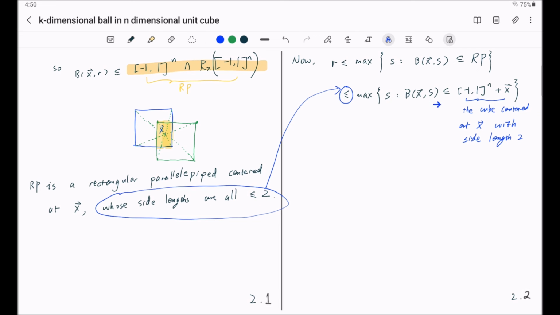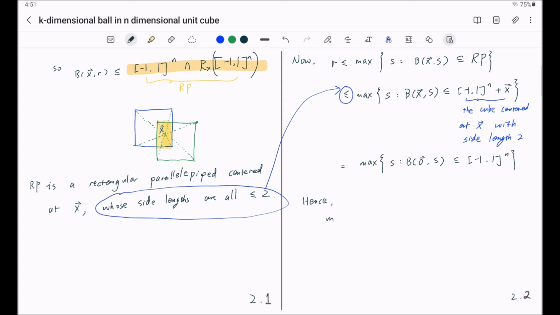Now if you perform a translation, you can replace this x by the origin, 0. So this is equal to the maximum of s for the ball centered at the origin with radius s that is contained in the cube at the origin with side length 2.